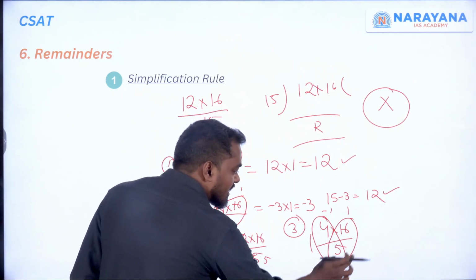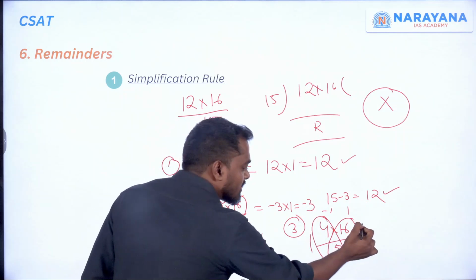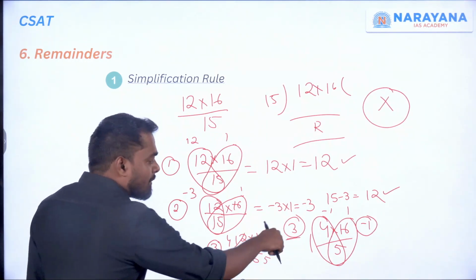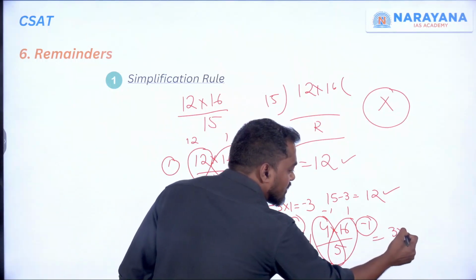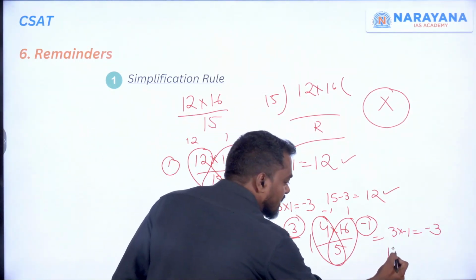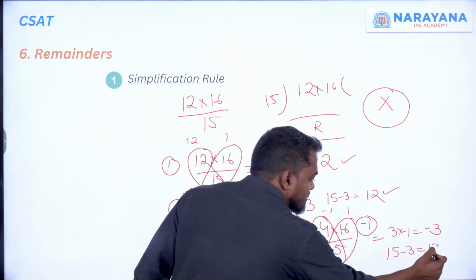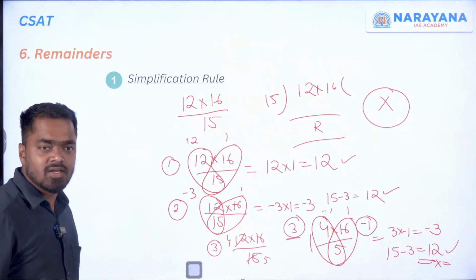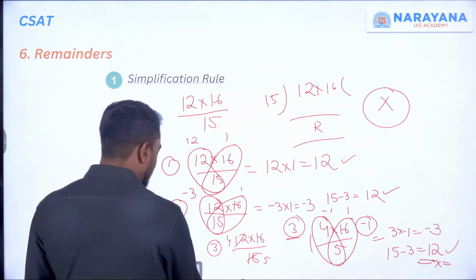So for this case, minus 1 into 1, that is nothing but minus 1 is your remainder. And you have put 3 separately, multiply with it. 3 into minus 1 is minus 3. But what is the original remainder? Take it from the divisor, that is 12.